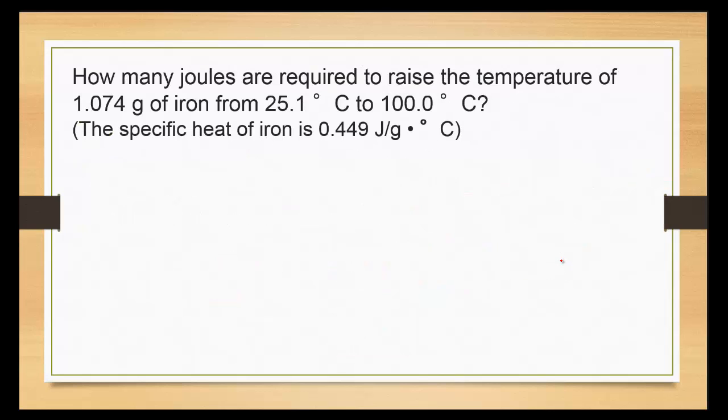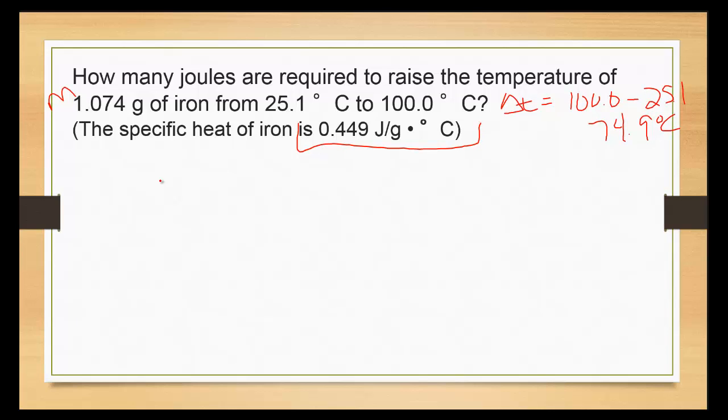How many joules are required to raise the temperature of 1.074 grams of iron, so this is our mass, from 25.1 degrees Celsius to 100? This will become our delta T when we take 100.0 minus 25.1. That comes out to be 74.9. And then we have the specific heat of iron right here.